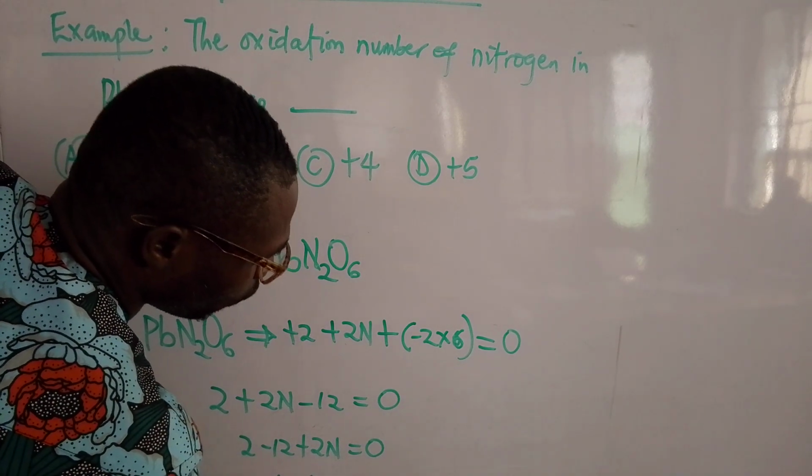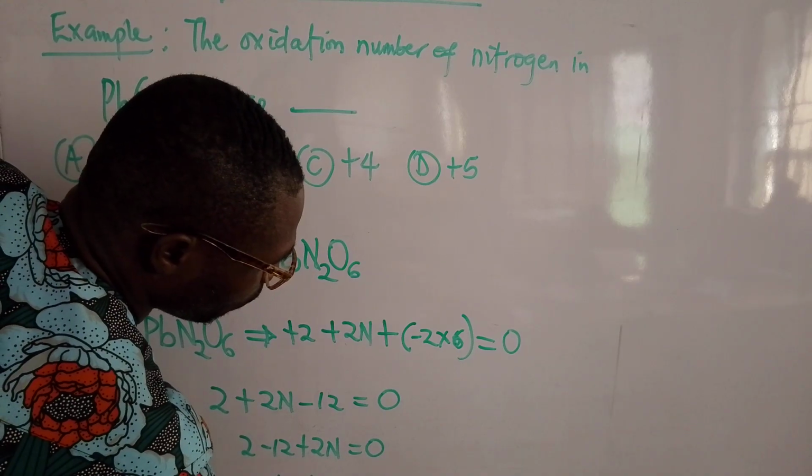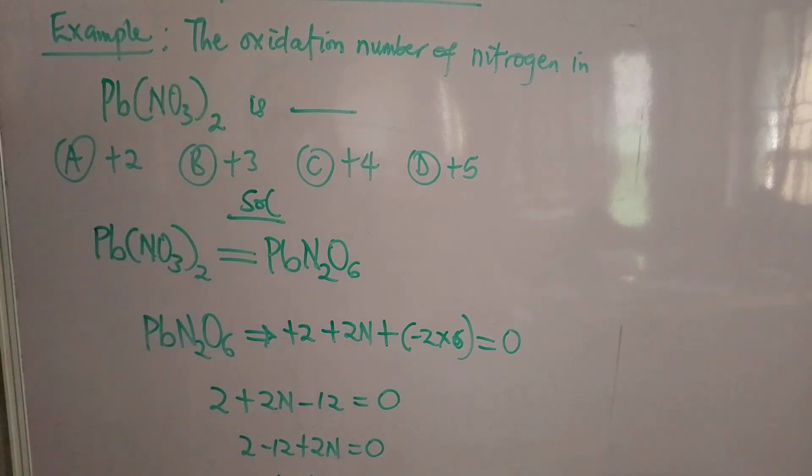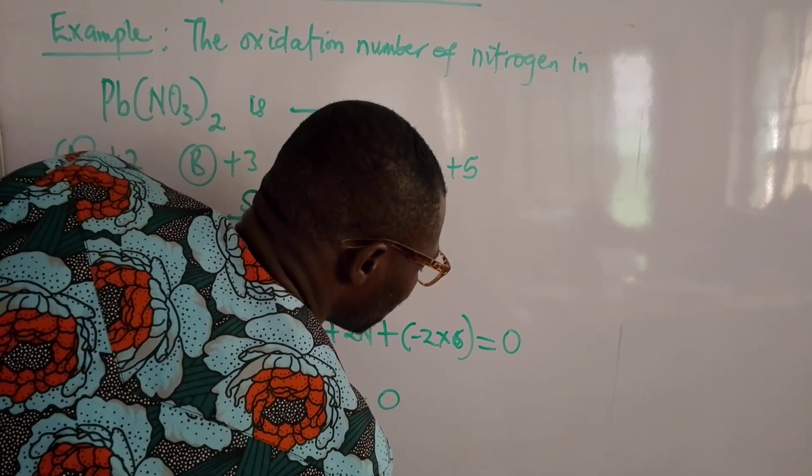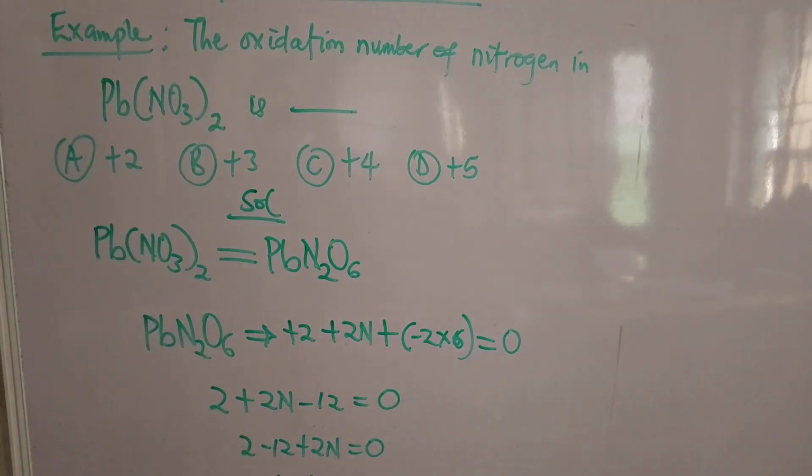A positive 5. So now what are you going to do? You are going to say that this 5 is V, like this, if you are calling it in word. If you are calling the IUPAC name, the name, you are going to use 5 in Roman numeral.